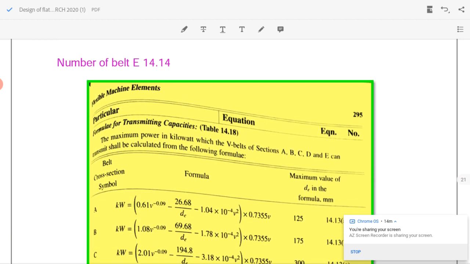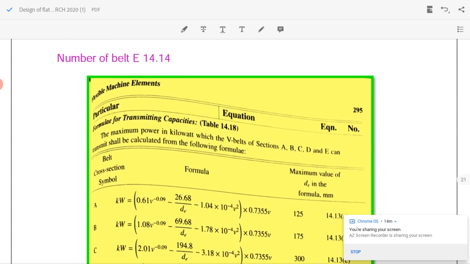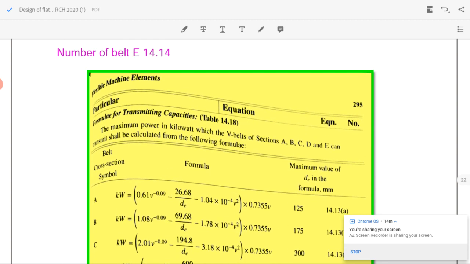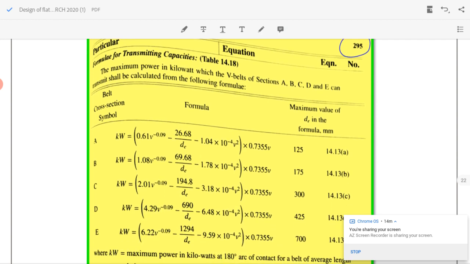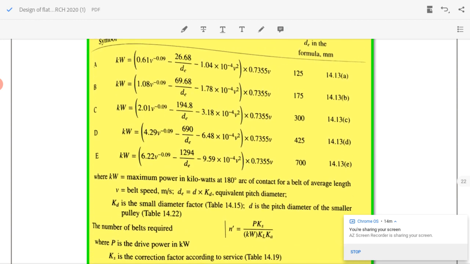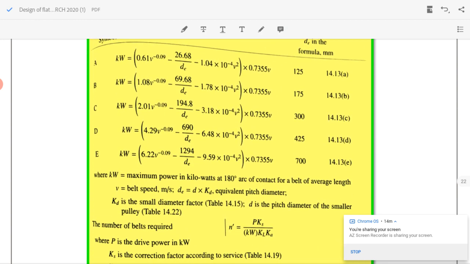Now we are coming to the last and most important step, the number of belts. Equation 14.14, page 295. On this page, I have the equation for number of belts required: N dash equal to P into Ks by Kw, Kl, Ka. Most of the values are known.